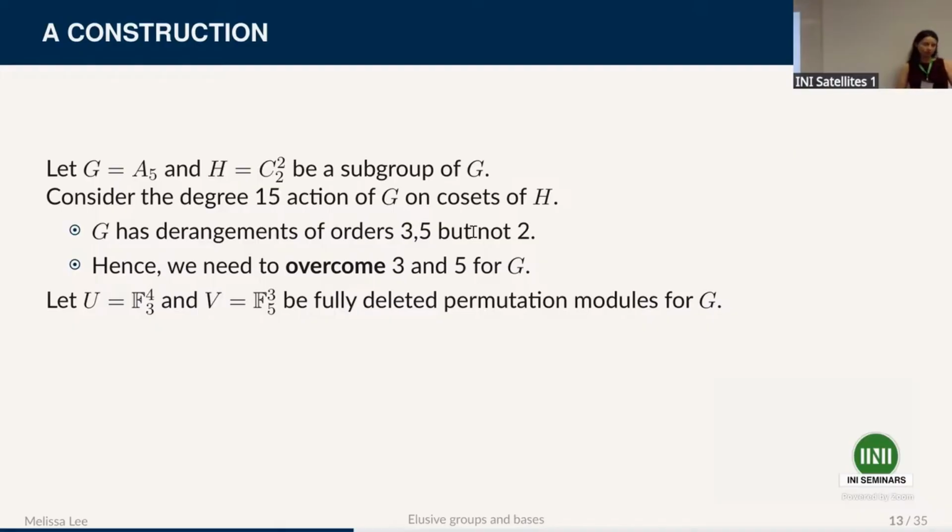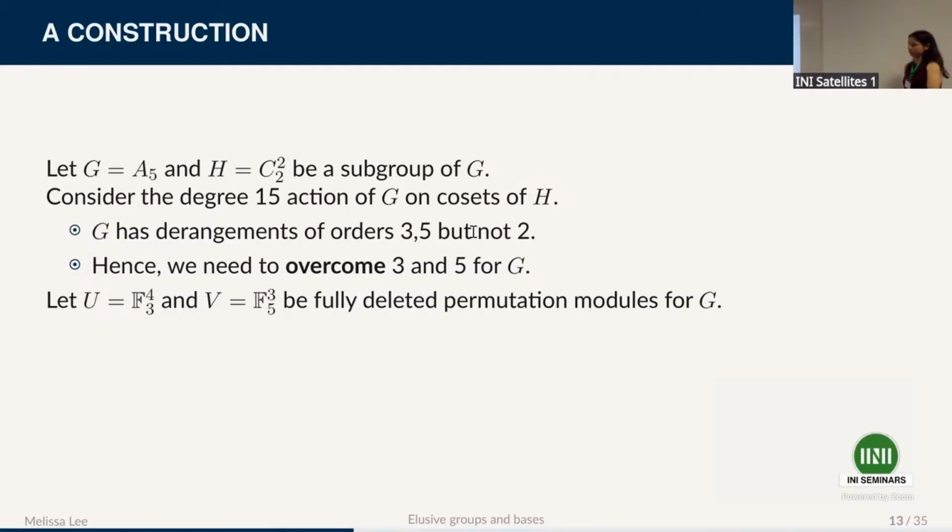Now, this is not an irreducible module, but if you sit down and write it out, you'll see you can find the relevant submodules, quotient them out, and in characteristic 3 and 5 you get a vector space in dimension 4 and a vector space in dimension 3 that are irreducible modules for G.